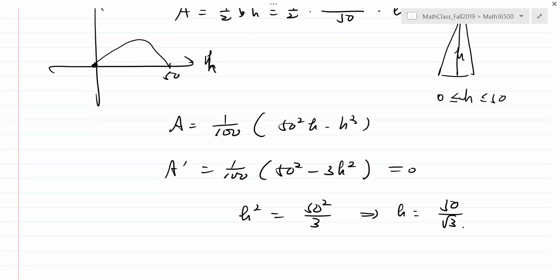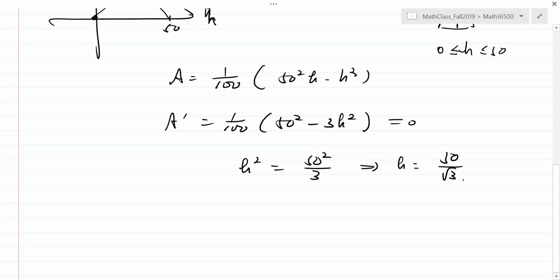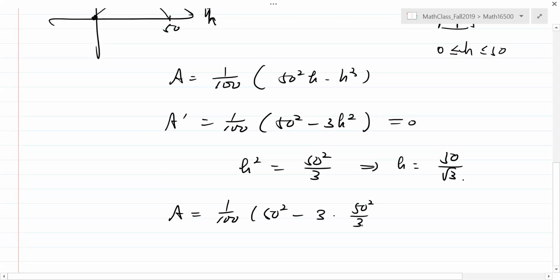So when h squared, right? So the answer is... wait a minute, square root 3, yes. I got confused, I plugged into the derivative. It should be the area. So that is going to be 50 squared minus h squared, and h.